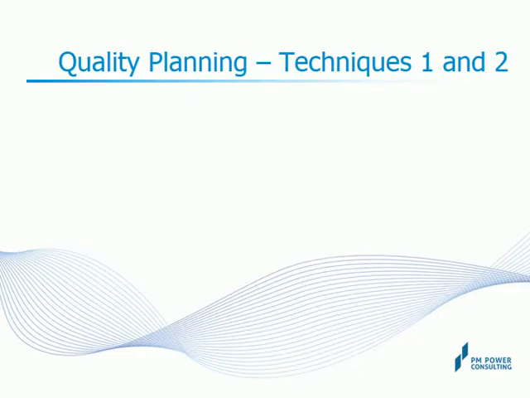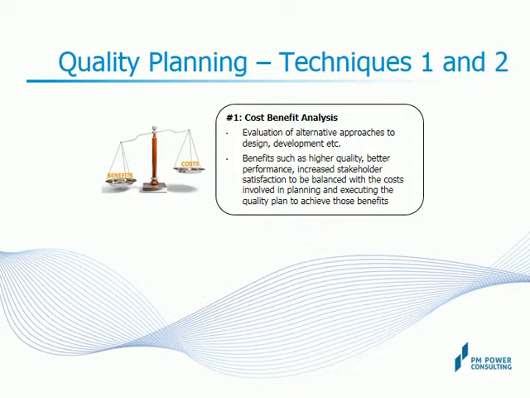Now that we have seen what quality requirements are and seen some examples of those, we will move into some of the techniques used as part of quality planning to meet those requirements. The first one relates to cost-benefit analysis. You may be familiar with this simple technique already. Any requirement such as a reliability requirement for a product could be met using different approaches or design strategies.